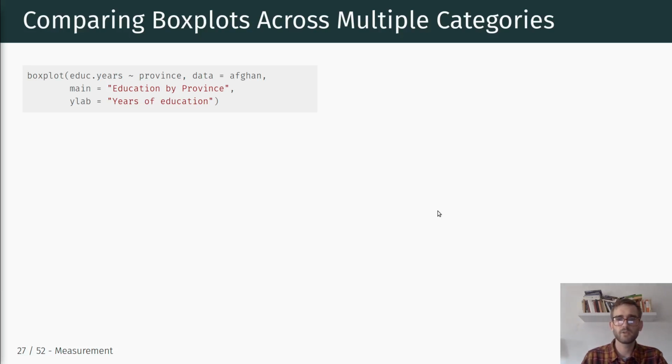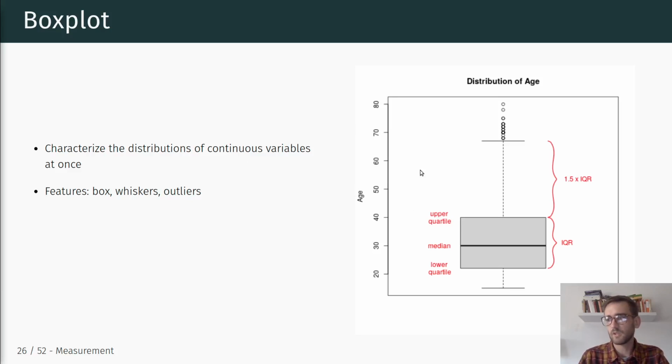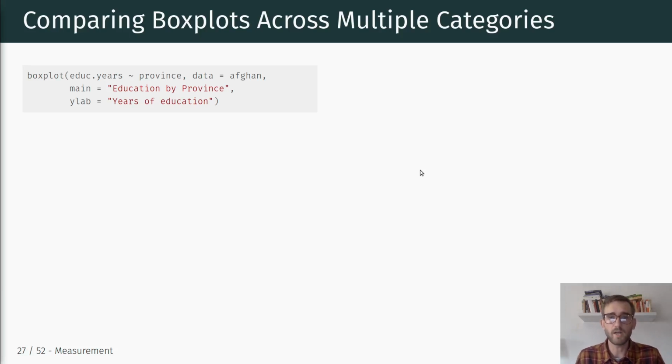So how do we create box plots in R? We can do that using the boxplot command, and importantly, we usually don't want to just look at one box plot for one variable, but we want to compare distributions of one variable across different groups, for example. So here what we're going to look at is the years of education by province.